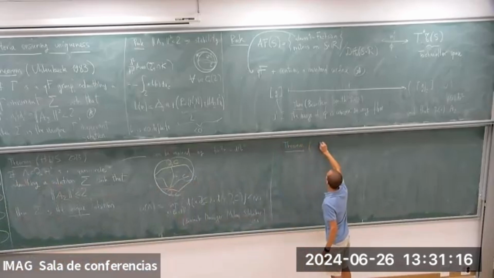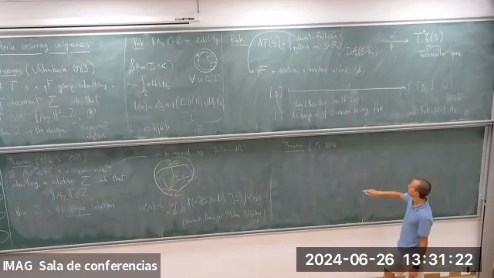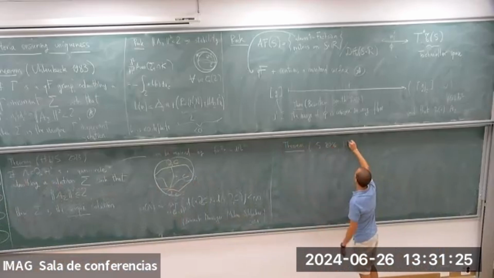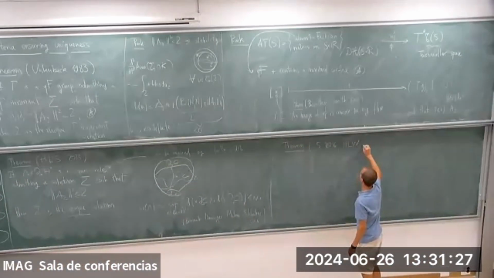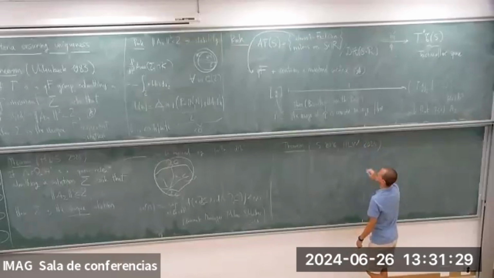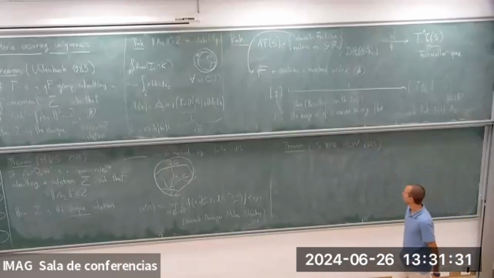So basically, I proved this uncountably many years ago for stable, and then together with the same authors, we proved the general case, so it's sort of a combination of the two.